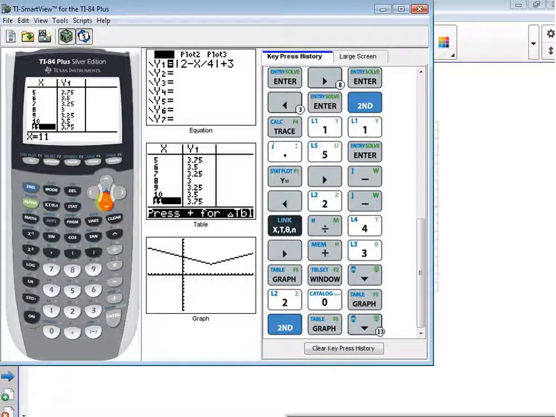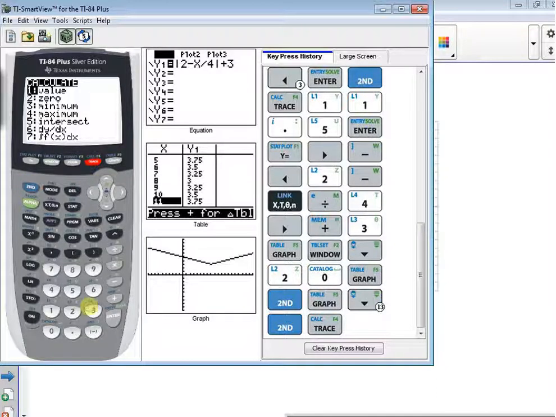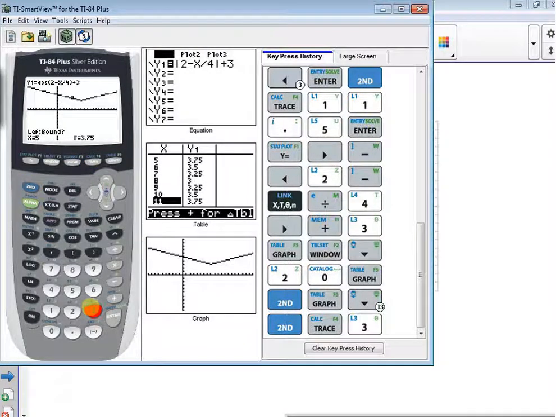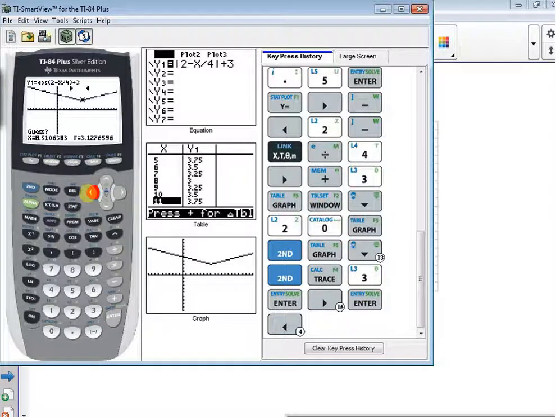Let's double check that min. Second, trace, choice 3. The left bound is good, so I'm going to hit enter. Move it over to the right. Enter. Then I'm going to put it on it and hit enter.